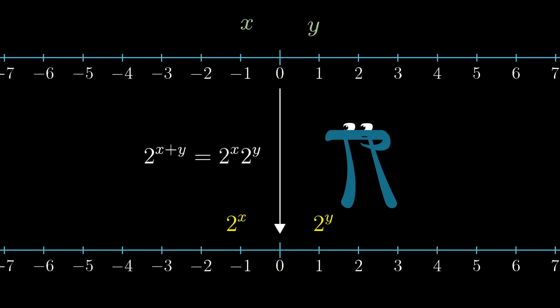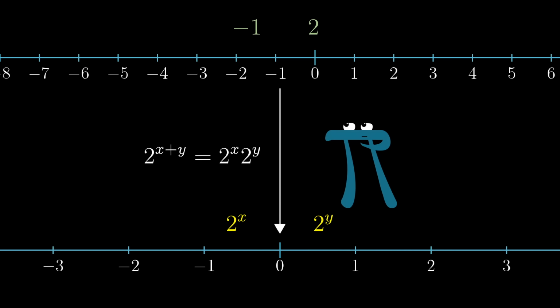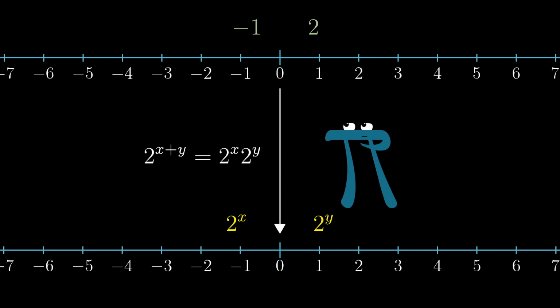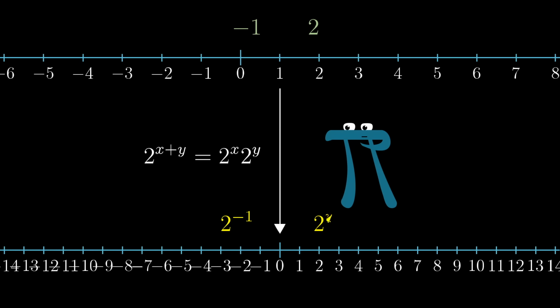And this exponential property is very important for this association between groups. It guarantees that if I compose two sliding actions, maybe a slide by -1 and then a slide by +2, it corresponds to composing the two output actions, in this case squishing by 2 to the -1 and then stretching by 2 squared.